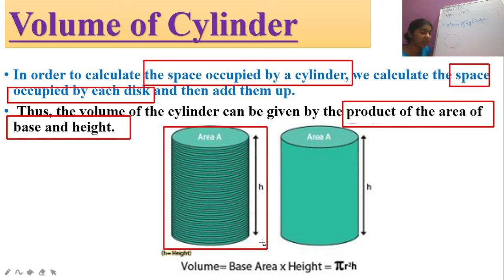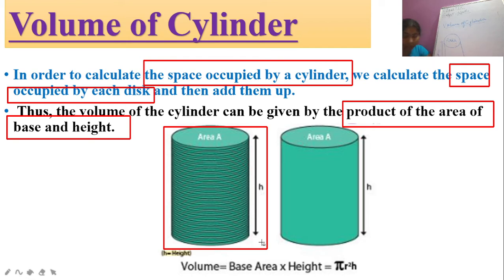If you arrange all the circles in such a way, you get a cylinder. You have to calculate the area of the upper part and multiply it by the height of the cylinder, then you will get the volume.